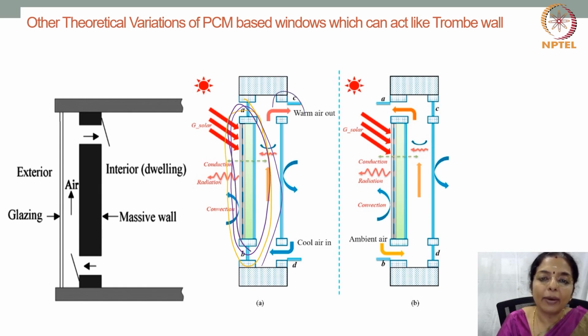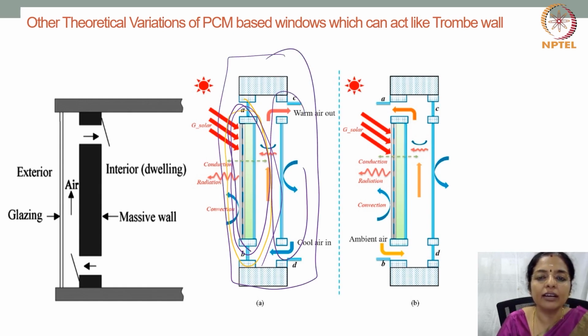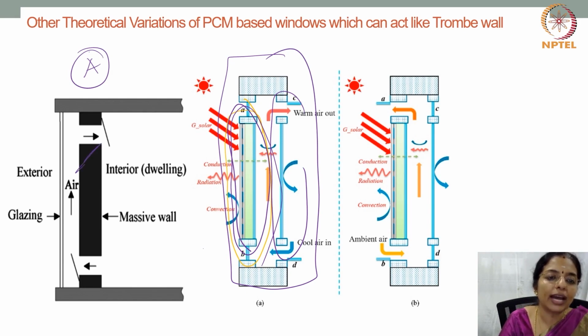But as a whole, this unit can function like a trombe wall. So this A is a picture of a regular trombe wall, where you have a massive wall which will aid in absorbing the heat radiated through the glass.